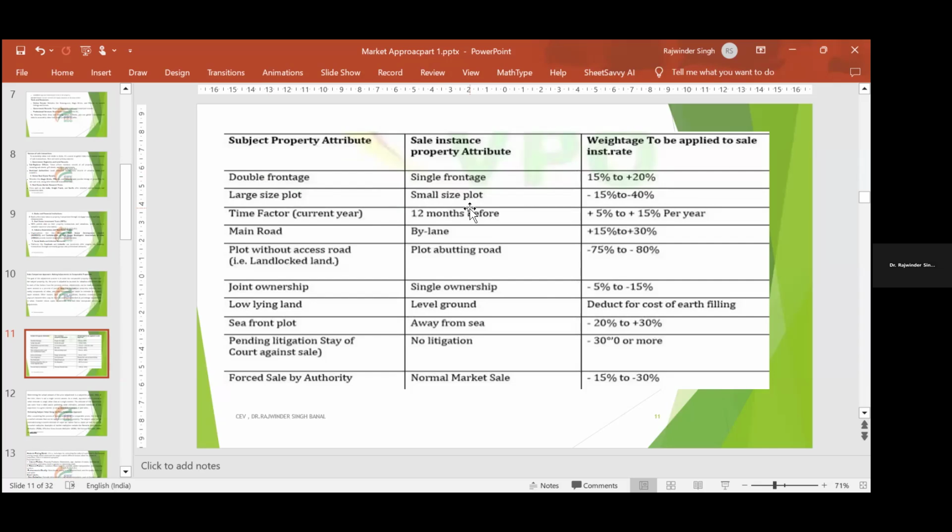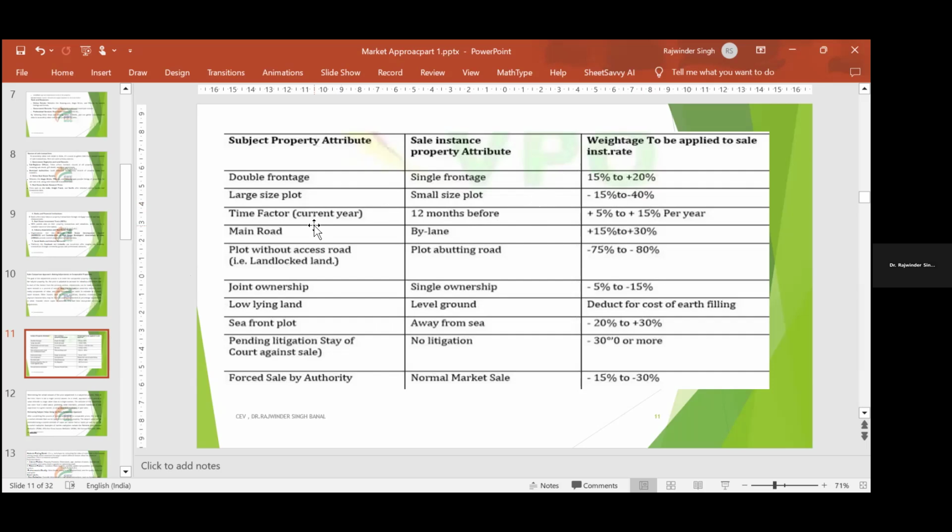For example, 100 square yard plot, if we are having 10,000 per square feet, a 500 square yard plot will have less than that value per unit rate. Of course, overall rate will be more, but per unit rate will be less. So here we will be applying a weightage of minus 15 to minus 40%, depending upon the conditions.